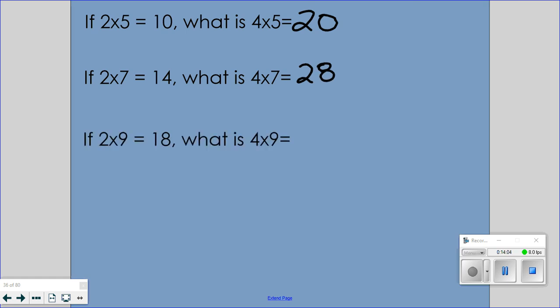2 times 9 is 18. What's 4 times 9? A little trickier.